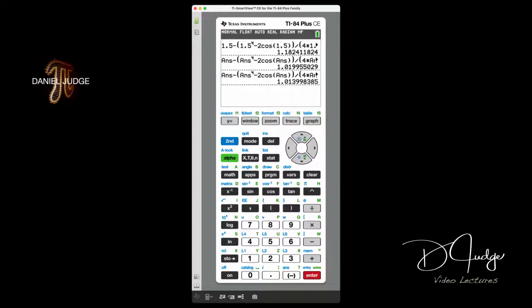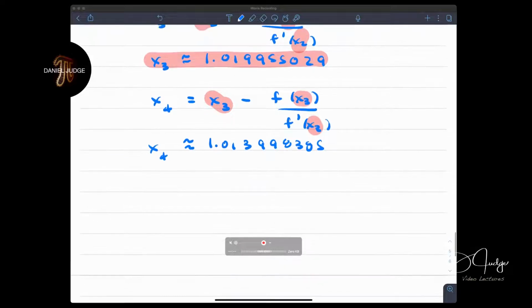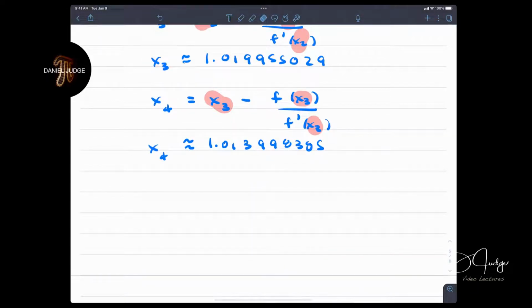And now we start to get some duplication here. This is 1.013998385. Okay, so I write this down to show my work. Now let's take a look at the duplication here. How many decimal places?